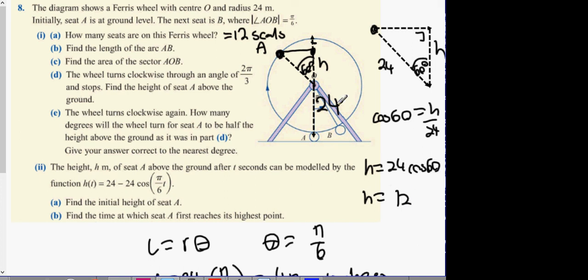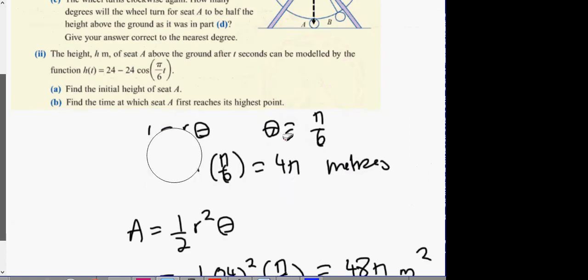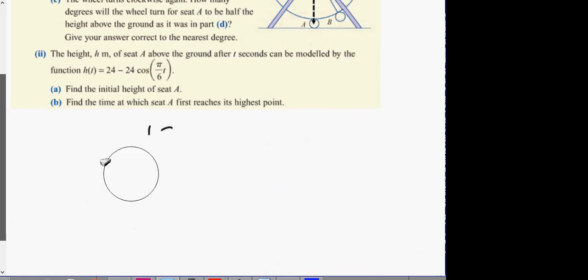How high am I above the ground now, guys? 24 plus 12 gets me 36 meters above the ground. Now let's rub out all that, and let's read the next question on.